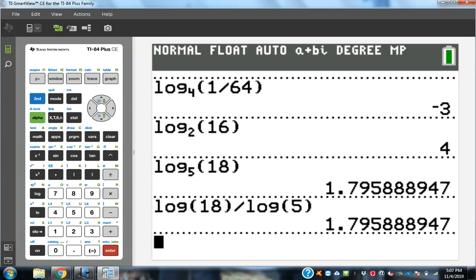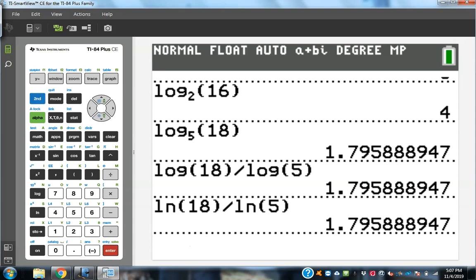You can even use natural log. It doesn't matter which common log you use, it still gets you the same number because of the way the properties of logs work. No matter which of the common logs you use, the change of base works. Sometimes if I'm in a hurry, I usually don't like to hit the math button and hunt and find. I know I can do that, and that's the way that I did it growing up.